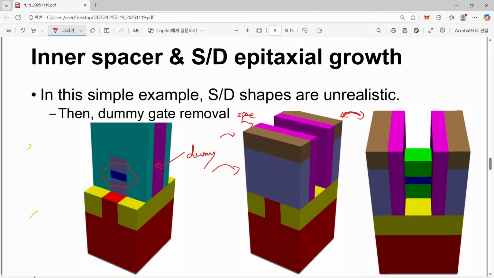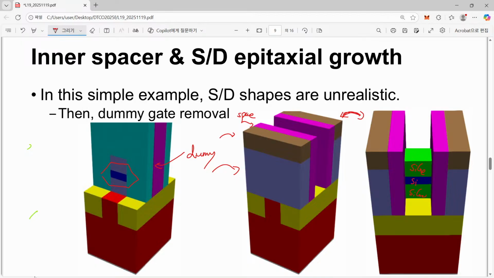Even though dummy gate is etched away, now we still have silicon germanium, and silicon germanium. So we don't want to have this silicon germanium. So even this silicon germanium should be etched away.